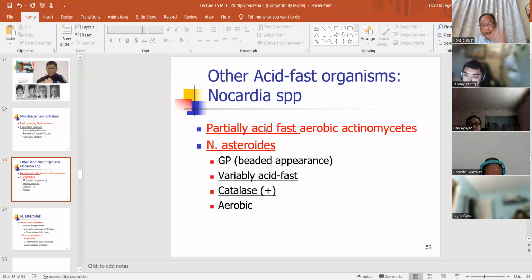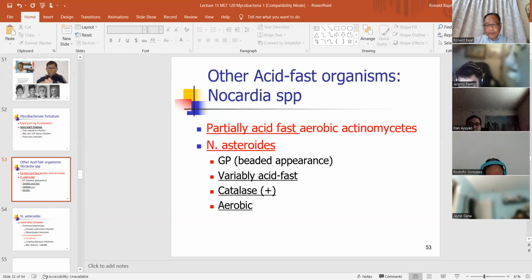Don't think, well, it's probably one of those Mycobacterium that didn't take up stain. No, it doesn't work that way. If it's going to take up stain, it's going to take up stain. But for Nocardia, it's partially acid fast. That's a specific term that you need to remember and make sure that bells and whistles go off. That's not a typical Mycobacterium, it's Nocardia, okay?